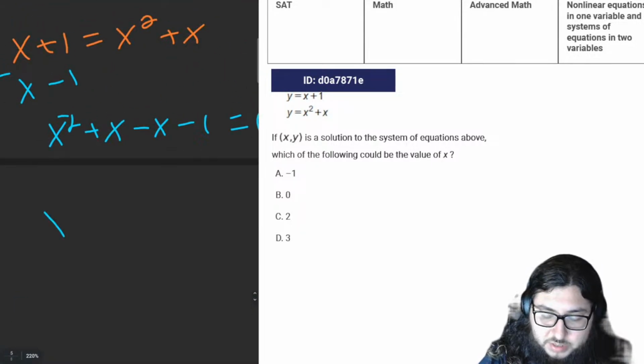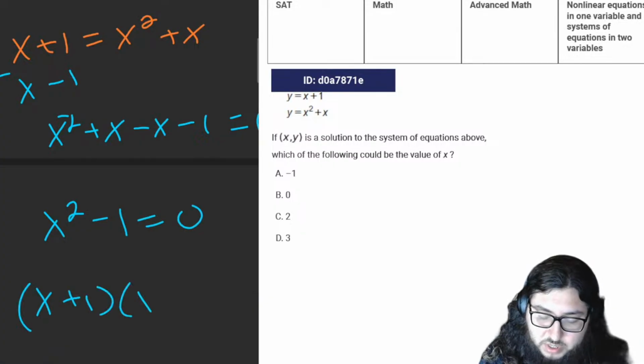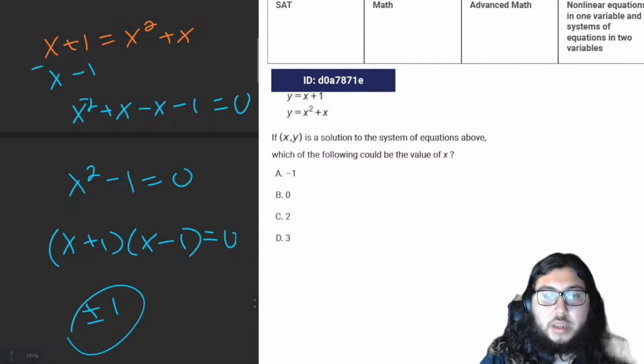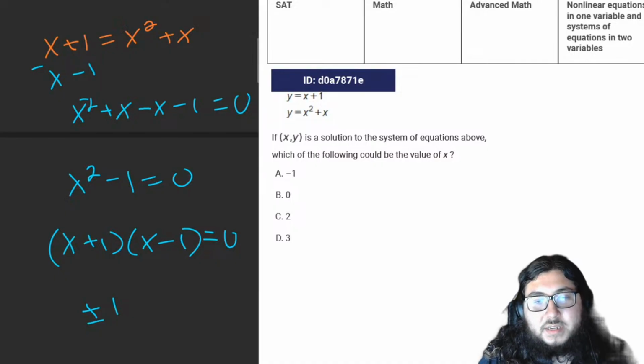And then we have that x squared minus 1 is equal to 0. And we can do the difference of squares to factor this out to be (x plus 1)(x minus 1). So it could be plus or minus 1. And we know that -1 is the answer, so Susan says it's A.